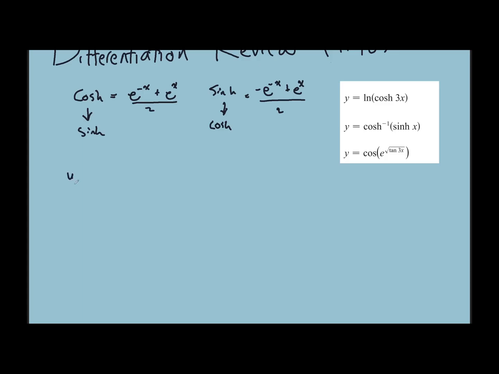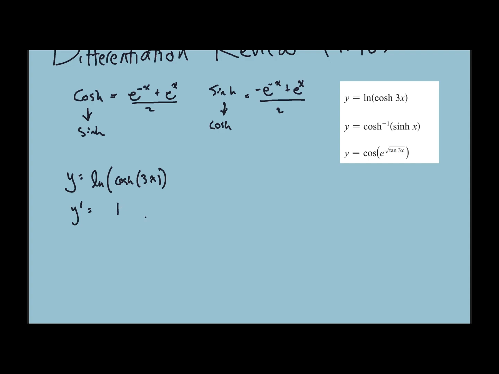So if I have something like y equals natural log of cosine hyperbolic of 3x, this gets pretty straightforward. The derivative of the outside, then inside, then inside. This is just a chain rule encompassing everything.